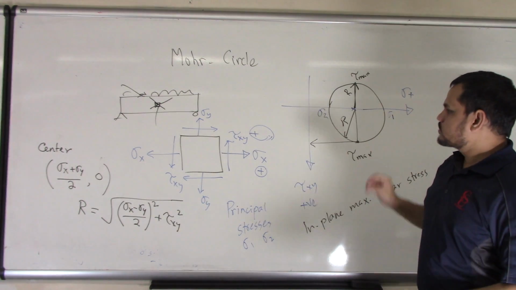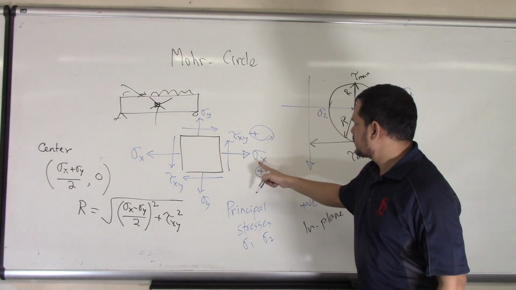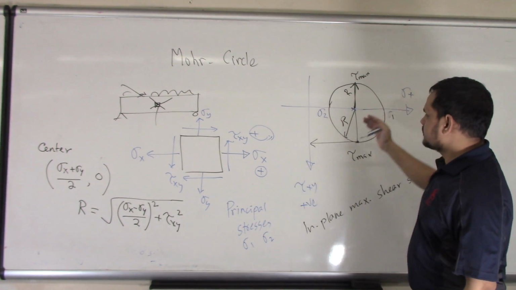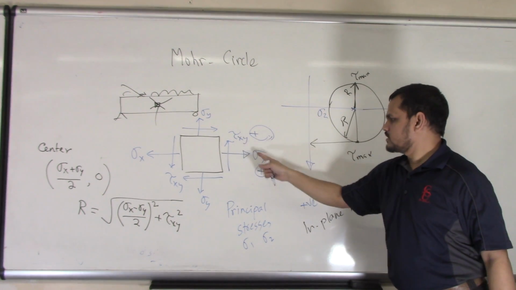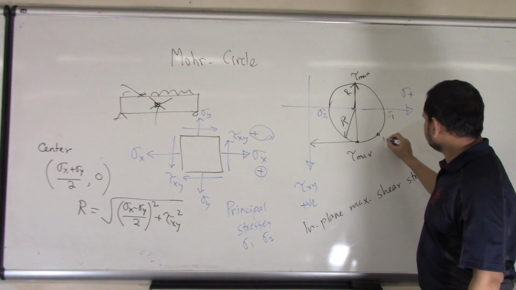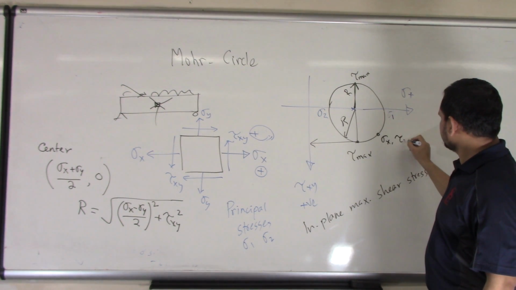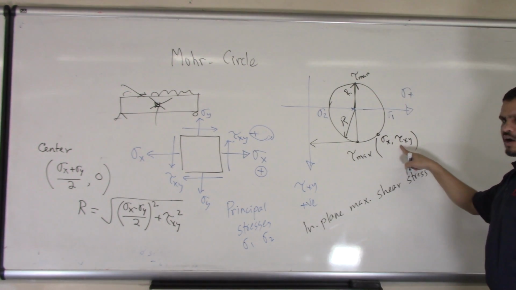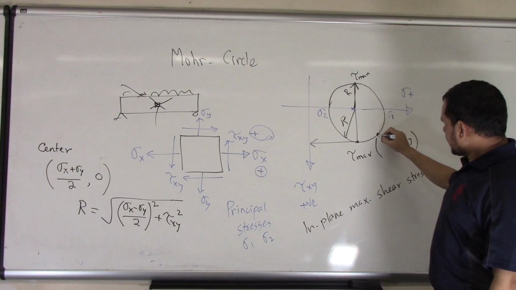How? First we should locate our reference point, sigma x, sigma y. Say it is somewhere, sigma x positive, sigma x, shear stress tau xy, somewhere here.